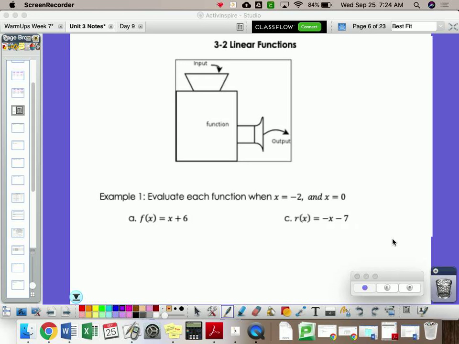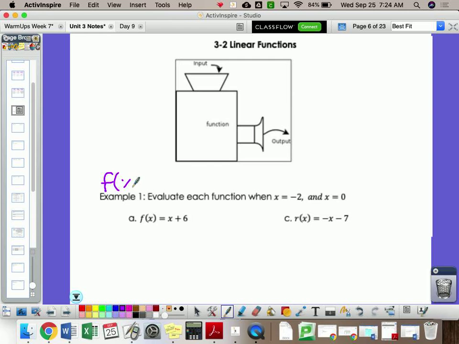Talking about function notation. Now, you may have seen this right here, and the way that you say it is f of x. Or like this one is r of x.